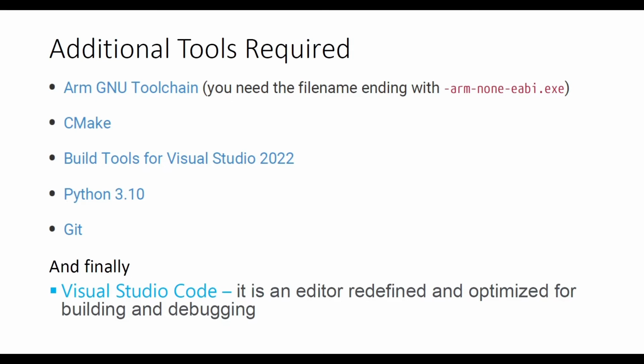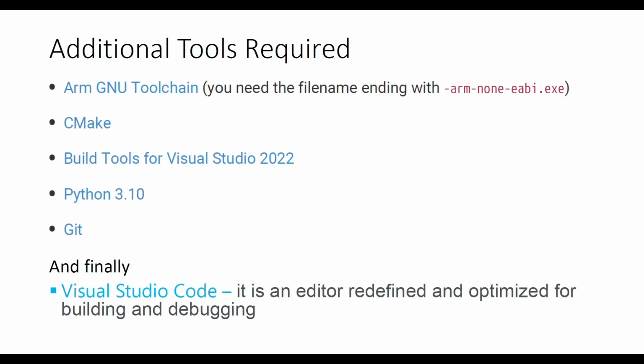You can Google Visual Studio Code and it will take you to the official website. Just search for Visual Studio Code download, click on the first website listed, and download for Windows, which I'm using right now.